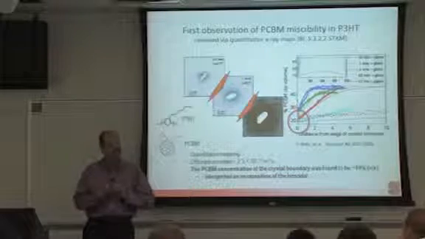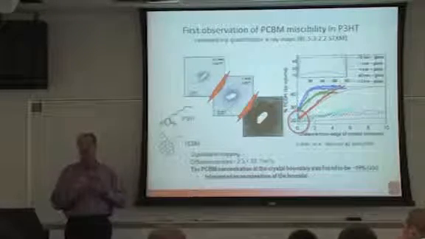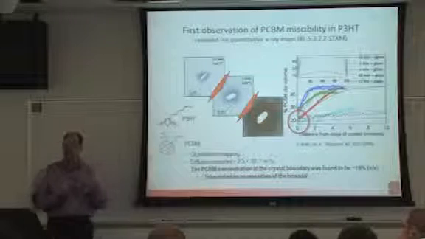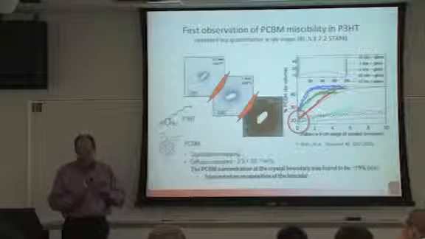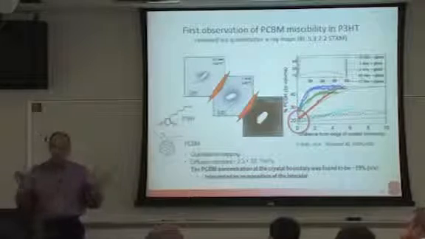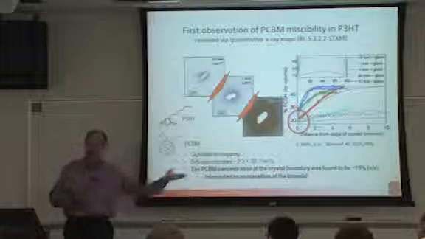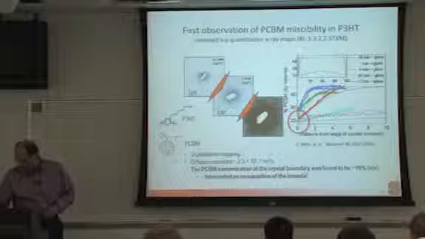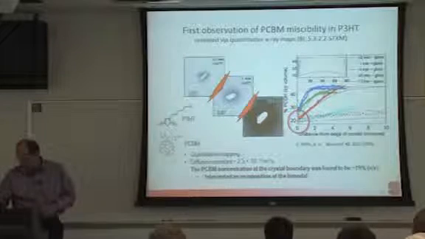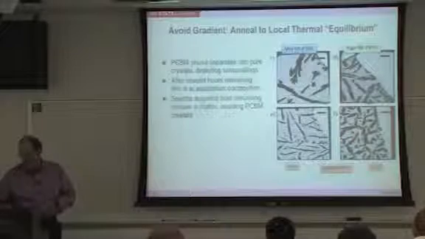So that indicated that that is the equilibrium composition of the PCBM in the P3HT in the presence of a PCBM crystal. And that implies that if I anneal these devices, I can never get mixed domains that are more pure than this value. So this was the first indication, a direct measurement in many ways, that this is so.